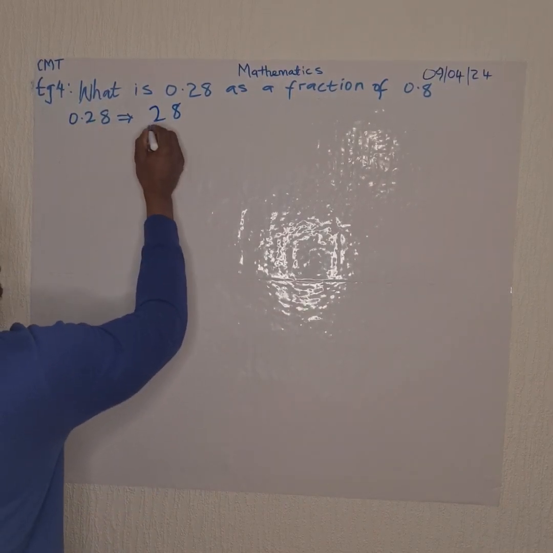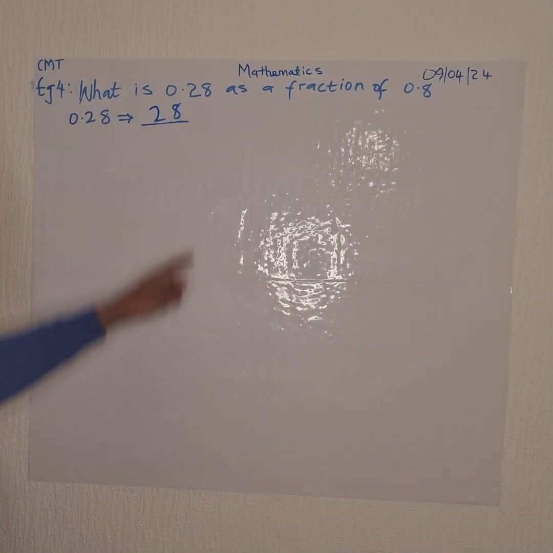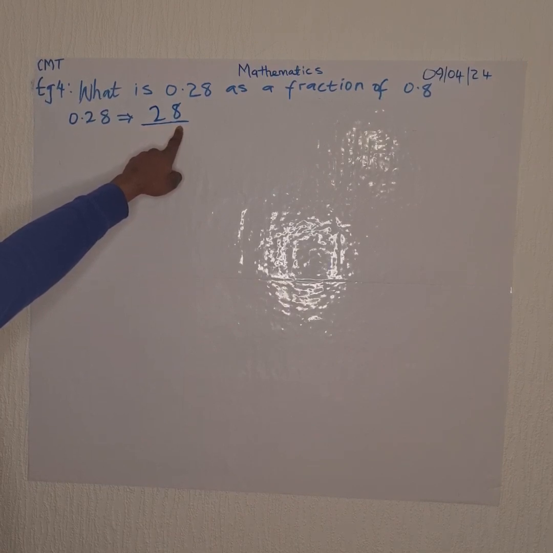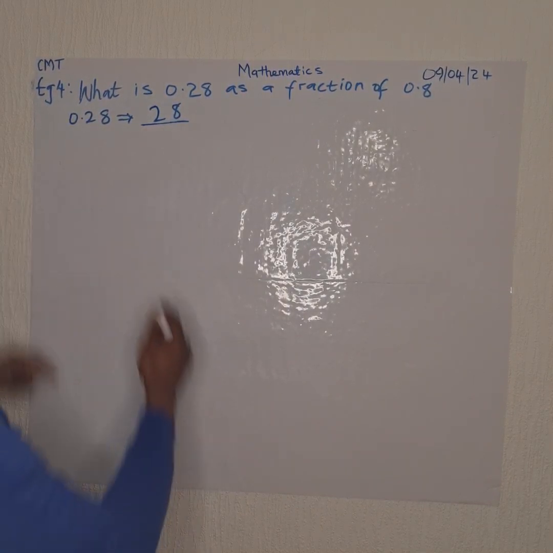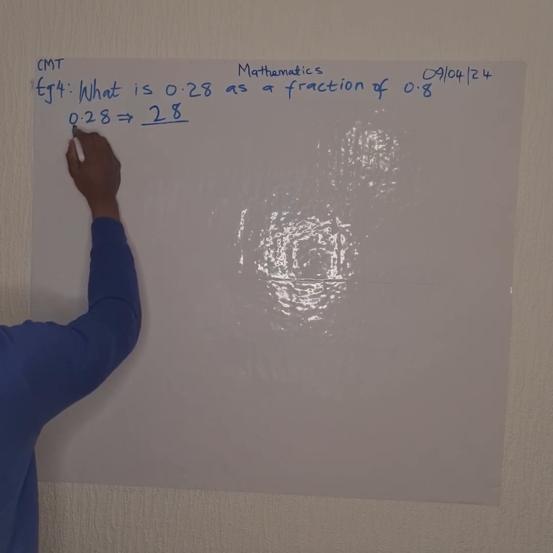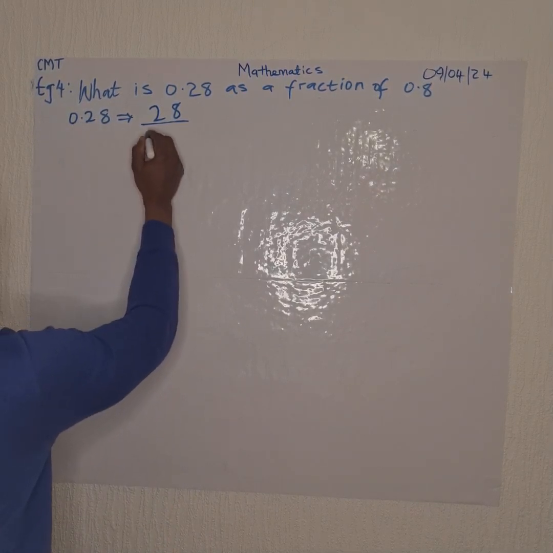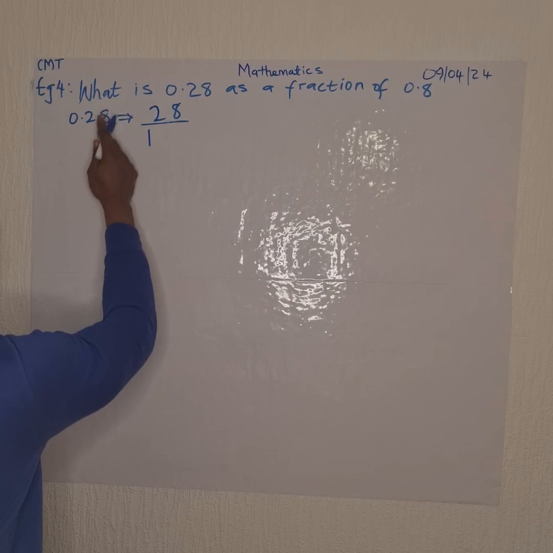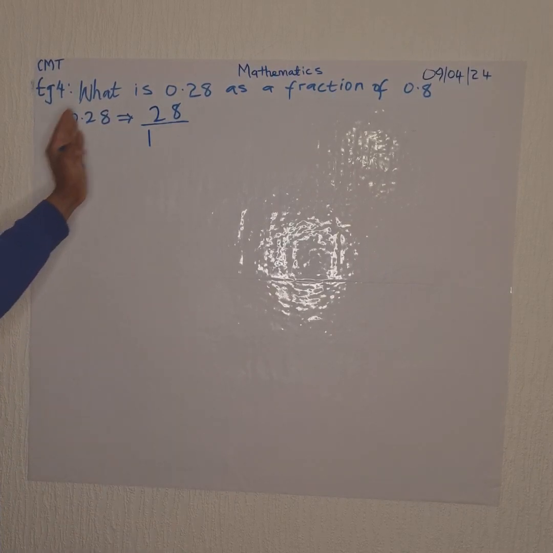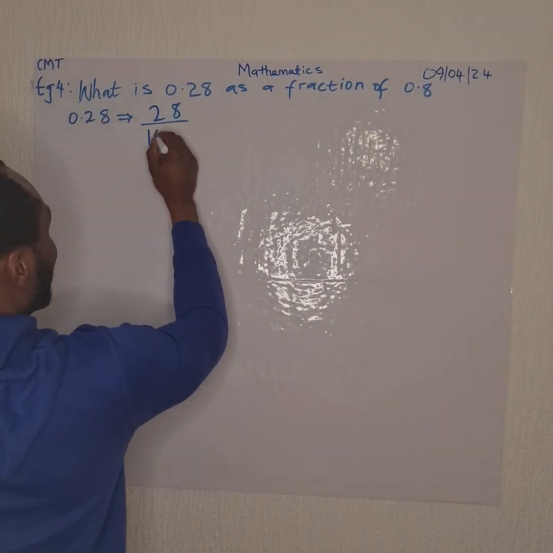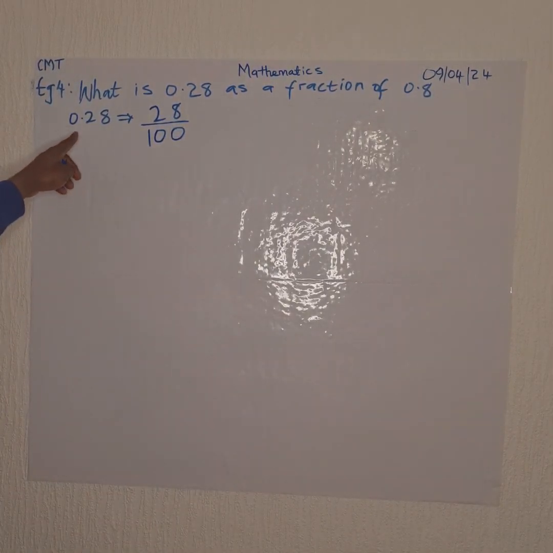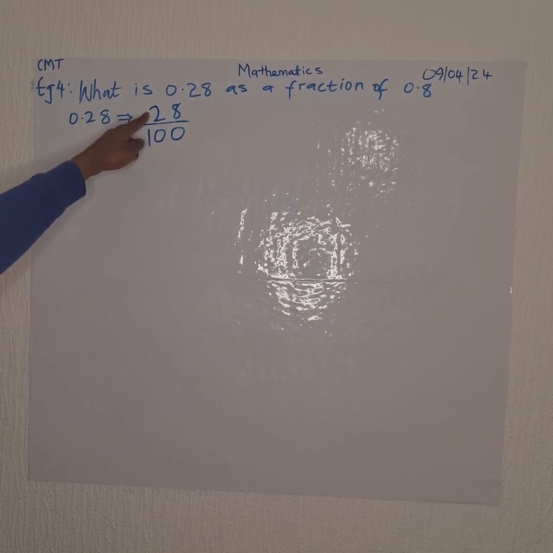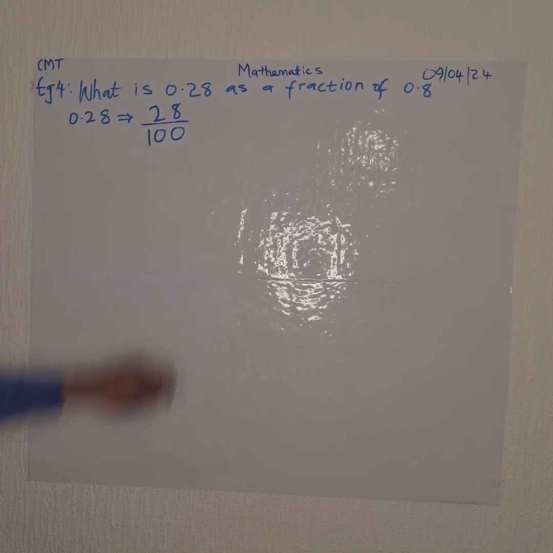But to get a fraction, you always need a sign, division or over. But what is it going to divide? First, whatever you see, this dot becomes 1, and the rest of the numbers after the dot are going to be standing for 0. So 0.28 to fraction is the same thing as 28 over 100.